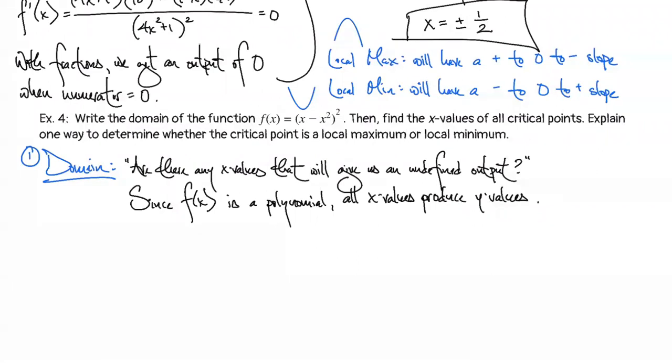Since f of x is a polynomial, all x values produce y values. And so Matt is correct. We can say, and let's write this in a number of ways, that our domain is all real numbers, right? Fancy script R, that's absolutely fine. We could say it goes from negative infinity to positive infinity. That would be okay.